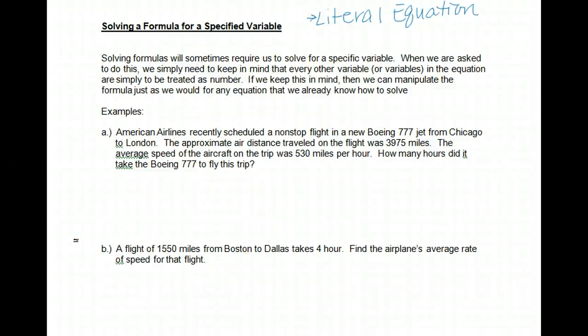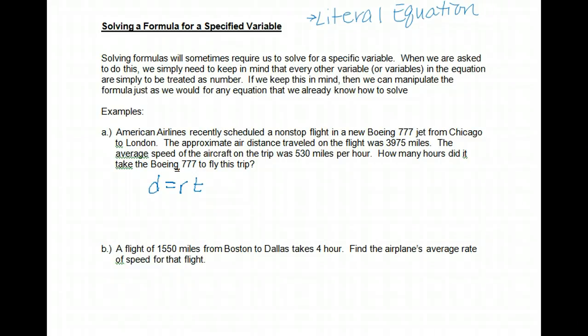What you're going to work with here is the distance formula. So let's start there. For those of us who don't know what the distance formula is, it is distance equals rate times time. D equals RT. We often call this formula the DIRT formula to help us remember it because it kind of looks like it spells the word dirt.